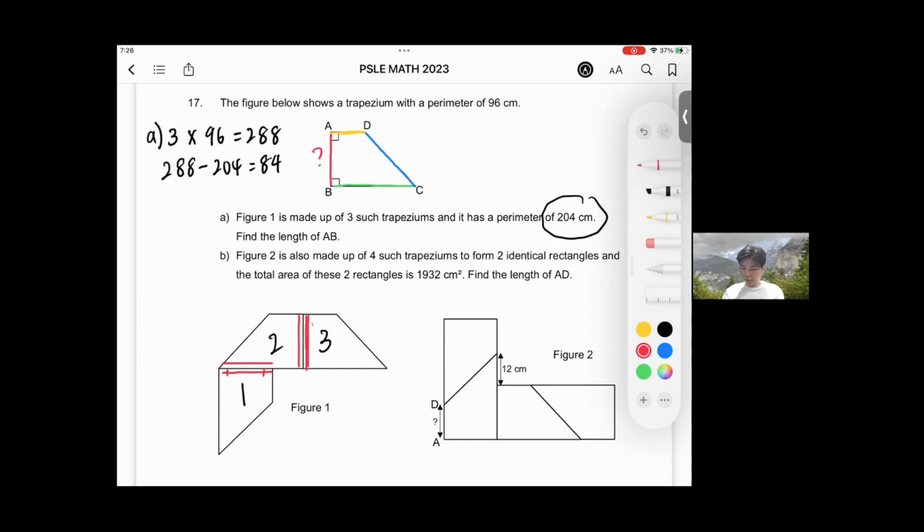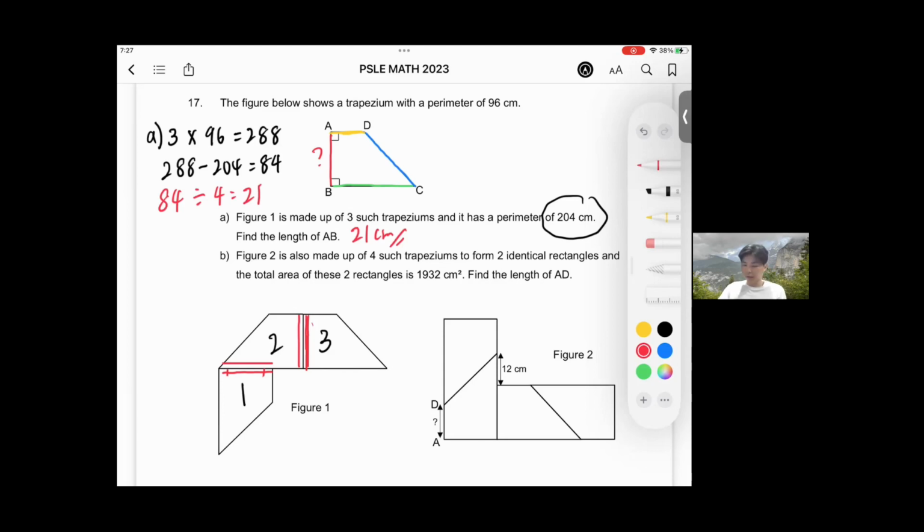So I think the rest of the sides is all included. So we can just take 84. The 4 red lines actually add up to this 84 centimeters. We can just take 84, divide by 4 to get 21, to find out how long the length of AB is. Okay, so we have solved part A. AB is actually 21 centimeters.